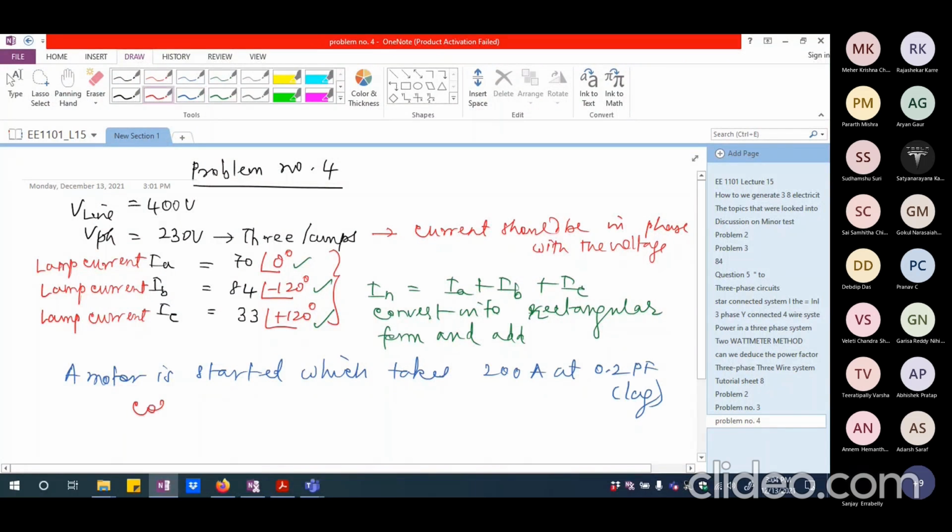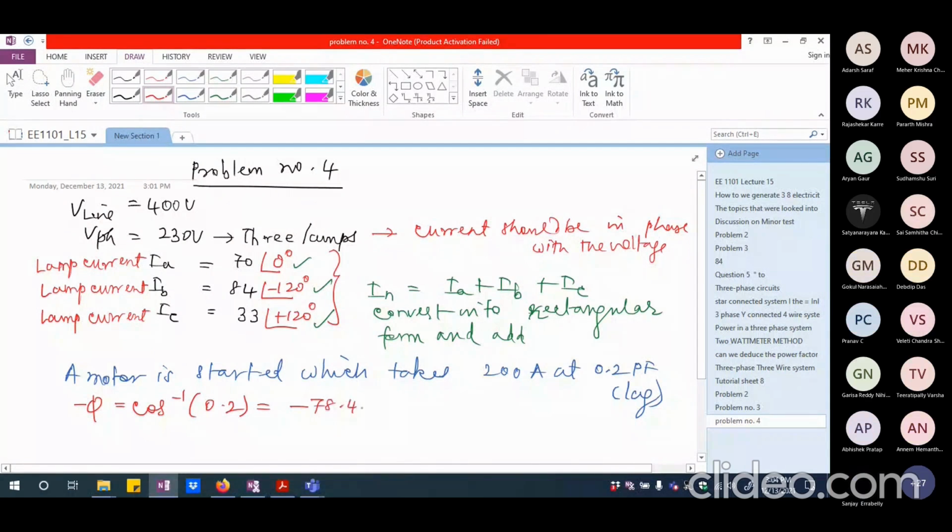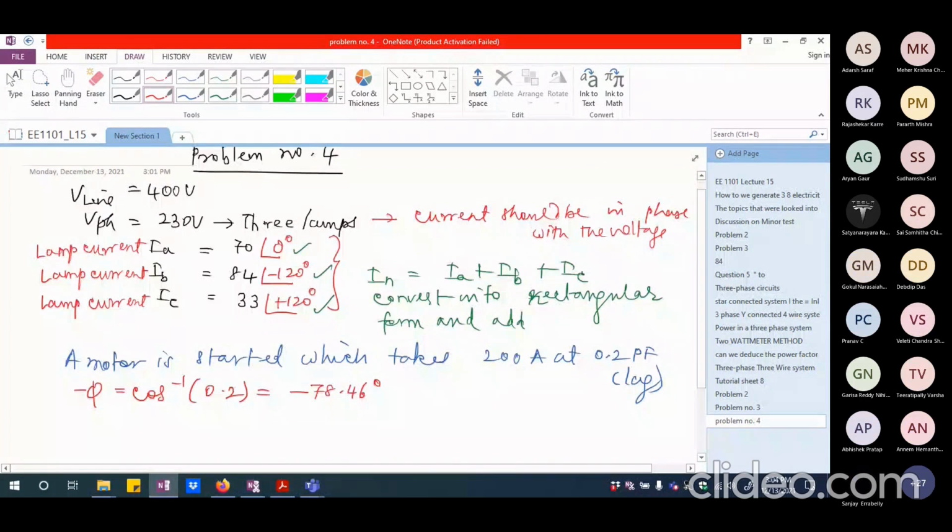So I can calculate cos inverse of 0.2. That is the power factor angle phi. And it is lagging, so I have to write this as minus 78.46 degrees.